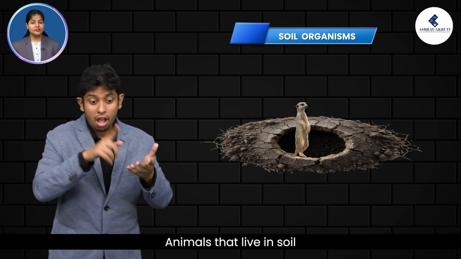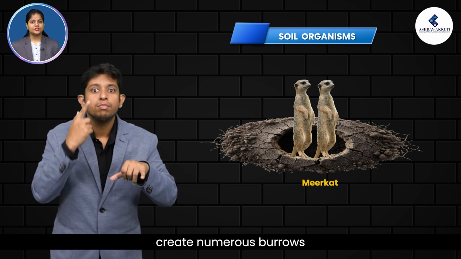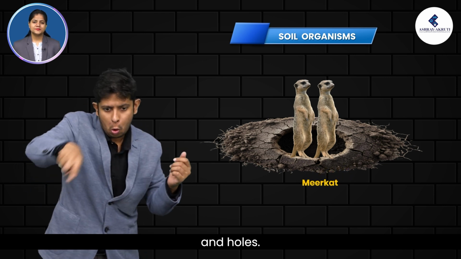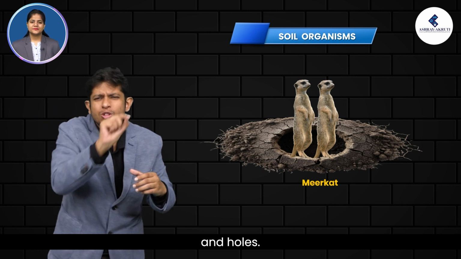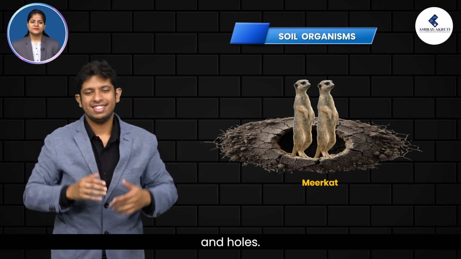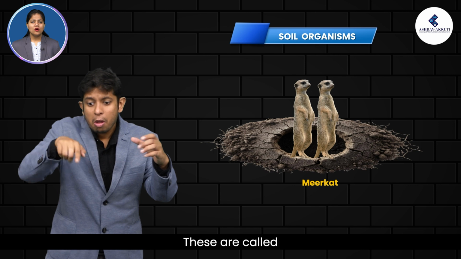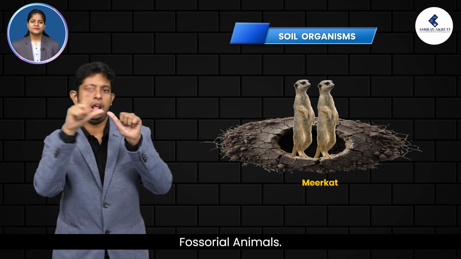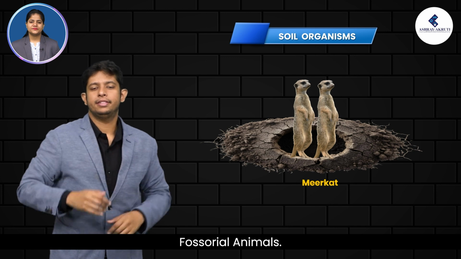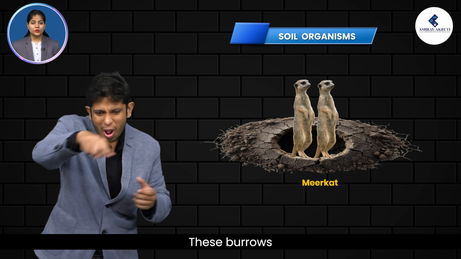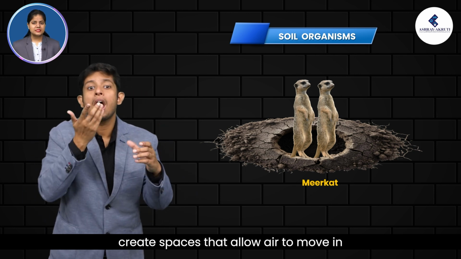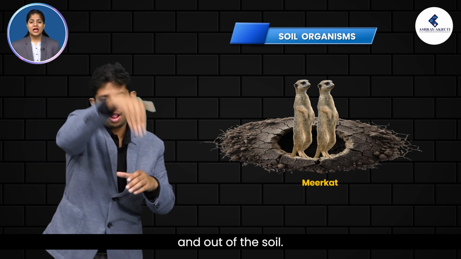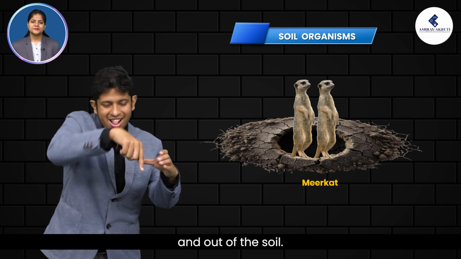Animals that live in soil create numerous burrows and holes. These are called fossorial animals. These burrows create spaces that allow air to move in and out of the soil.